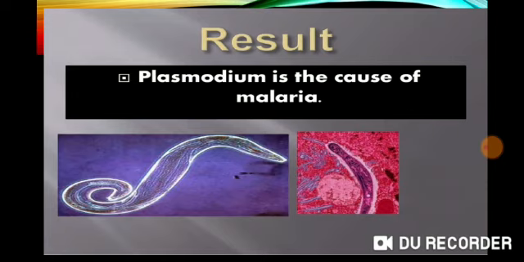Any object or organism that is used for the transfer and carrying of a disease or an organism from one person to another is known as a vector. So the mosquito is the vector and plasmodium is the cause of malaria. That is the result of our biological problem.